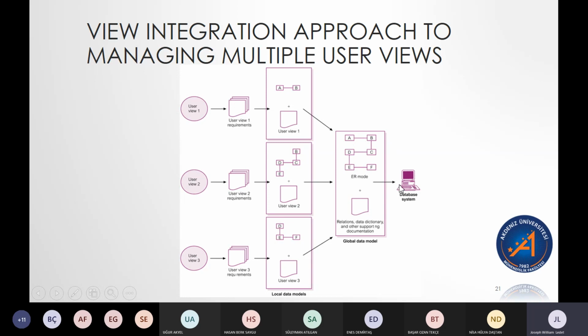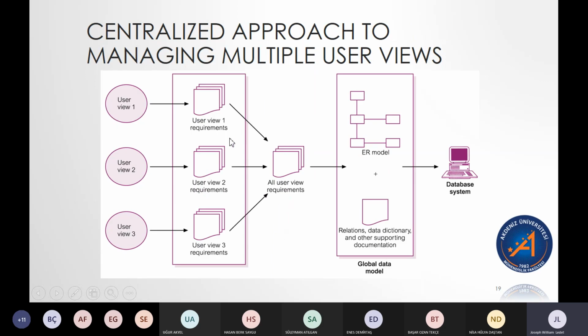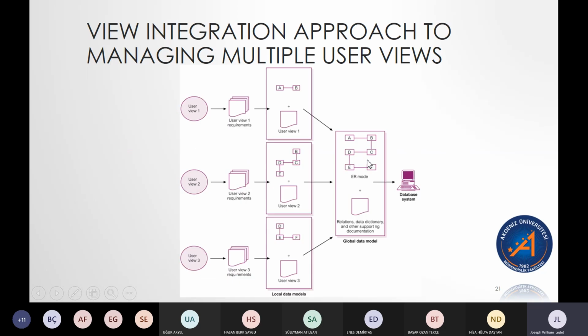Okay, so the difference is merge requirements into an overall system versus each requirement gets a subsystem, a sub-design, and the multiple designs get merged into an overall design.